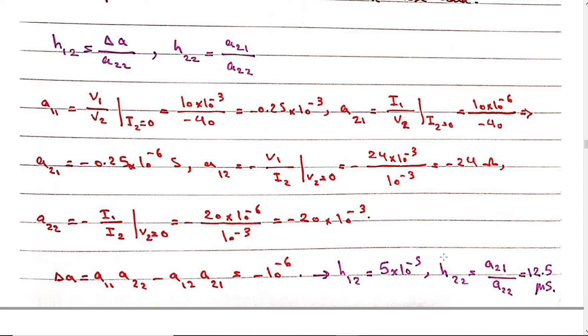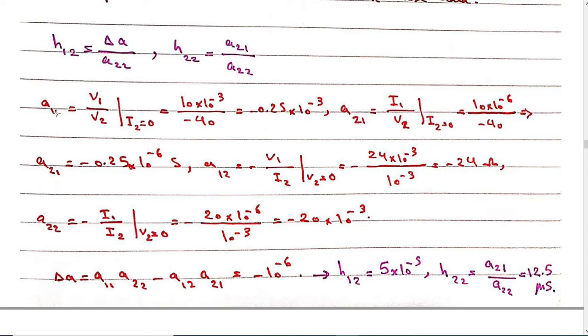So H12 is delta A divided by A22. What is delta A? A11 multiplied by A22 minus A12 multiplied by A21. So you need the values for all four A parameters.